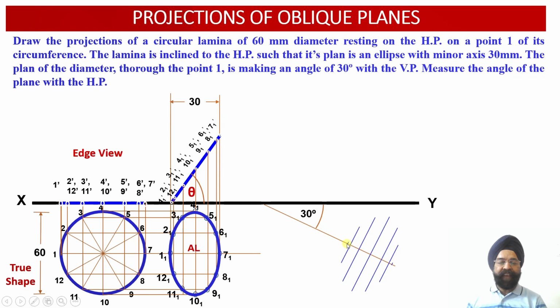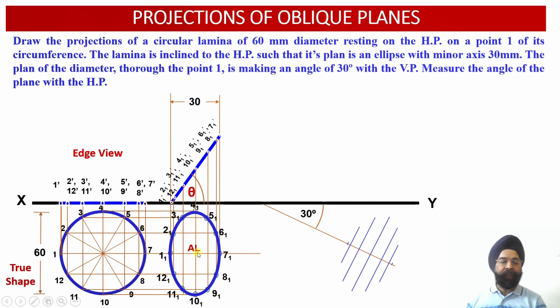So points 1 and 7 we have already drawn over here. Now you can check, there are 5 intermediate projector lines: projector line 1, projector line 2, projector line 3, projector line 4 and projector line 5.